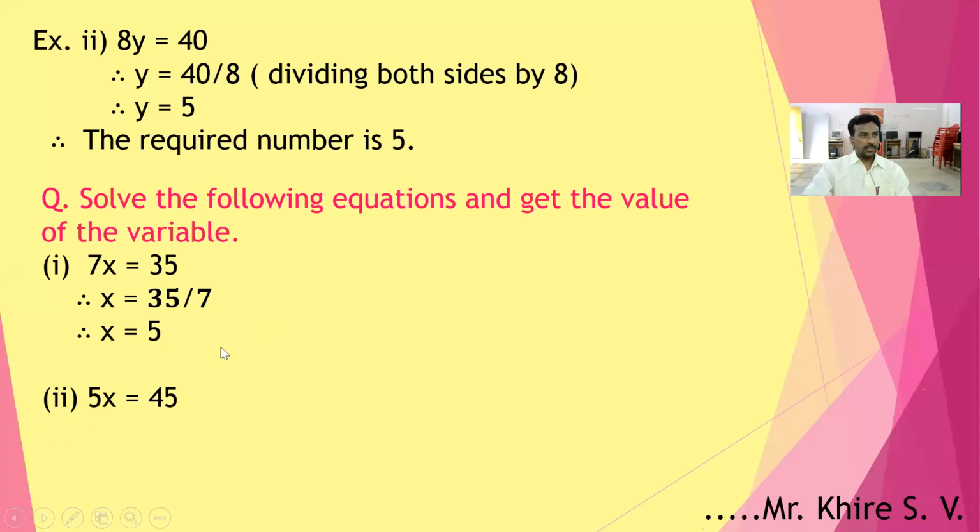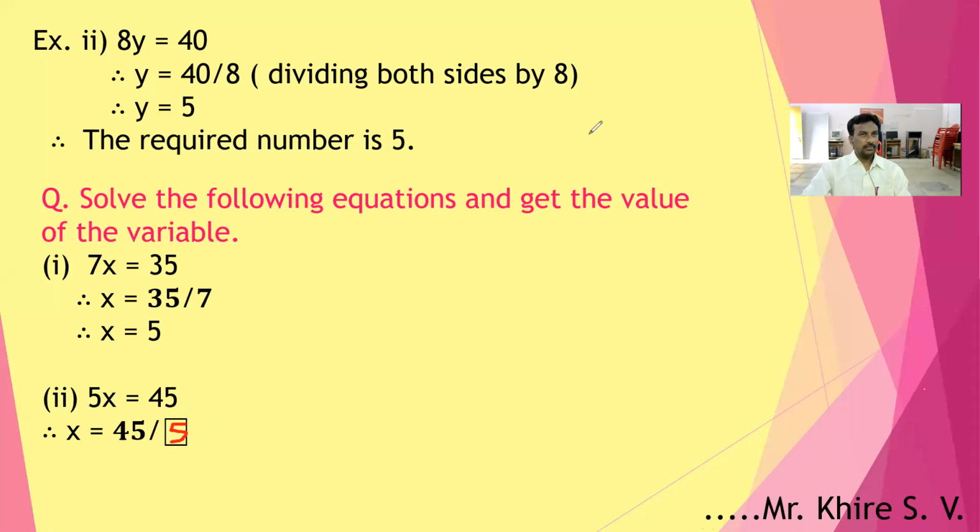Similarly we can solve the second example: 5x is equal to 45. x is equal to 45 divided by 5. You can write it in the box. This 5 goes to the RHS side, therefore it will become 45 upon 5.